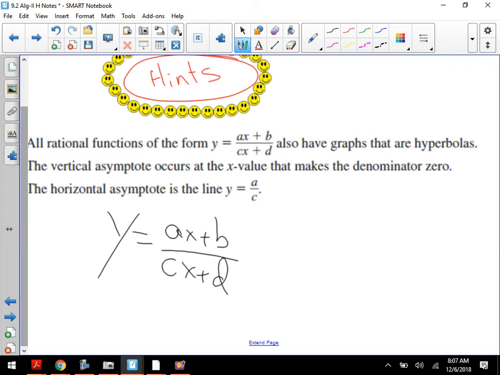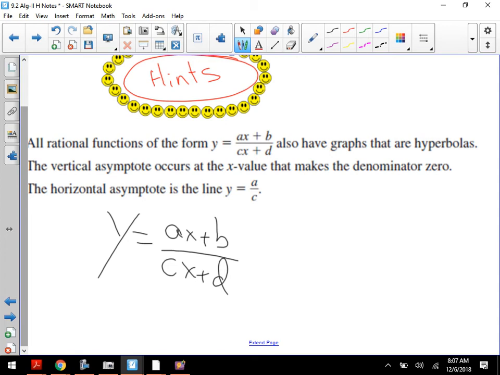Okay. So when you share the same degree, if you have polynomial divided by polynomial, you've got variables at the top and bottom. That means your vertical asymptote will be at x equals the leading coefficients, a divided by c. Whatever the leading coefficient is for both of those. Well, I'm sorry, I meant the horizontal. I was getting ahead of myself.